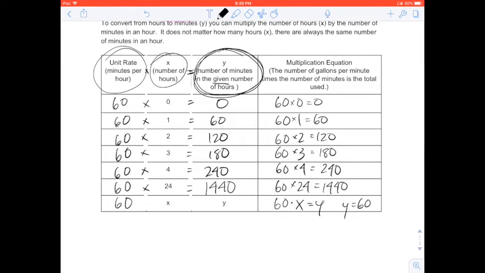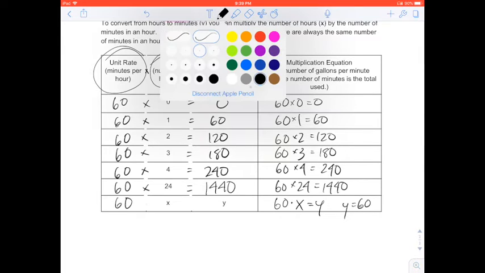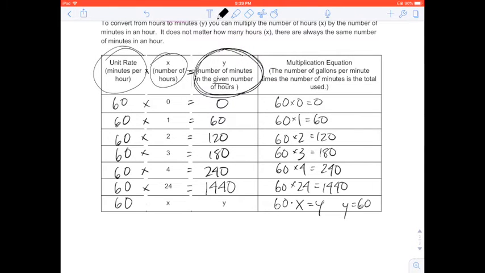And we could also say that. Let's pick one of these here. So 60 minutes for 1 hour times 24 hours is 1440 minutes.